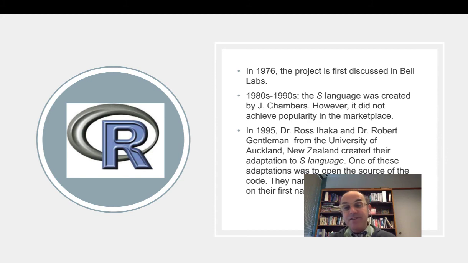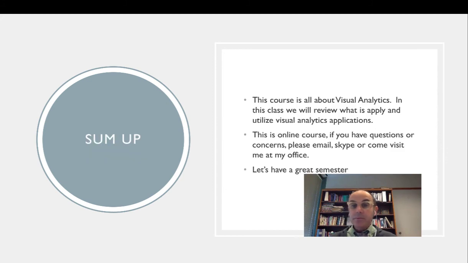And in 1995, as I said before, Dr. Ross Ihaka and Dr. Robert Gentleman from the University of Auckland, New Zealand, adopted the S language and converted it to R, based on their first names, Ross and Robert.